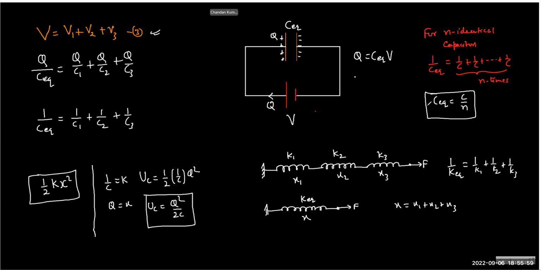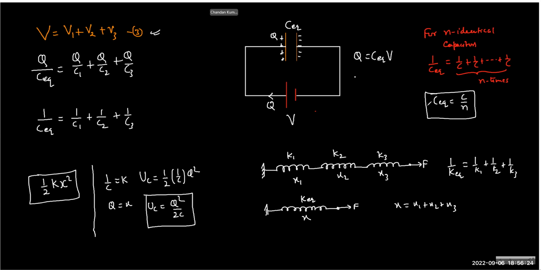The idea is that series decreases, and what you need to remember is that in a series combination, the equivalent will be less than the least of the values. So if you take 1 micro, 10 micro, and 100 micro, and connect them in series, the net is going to be less than 1.